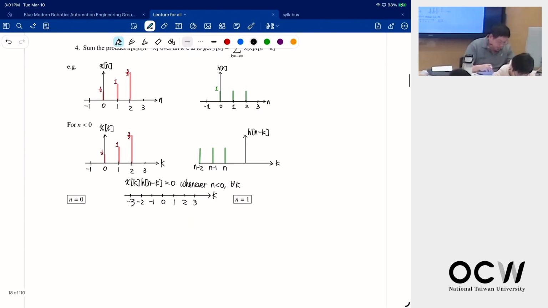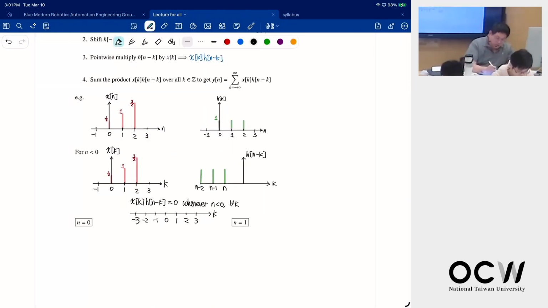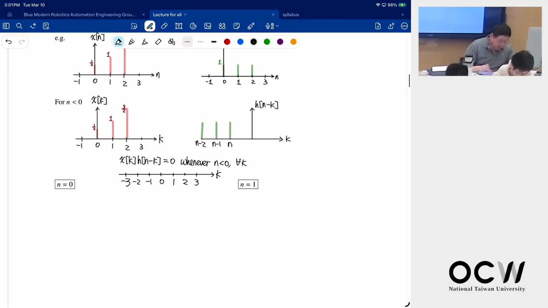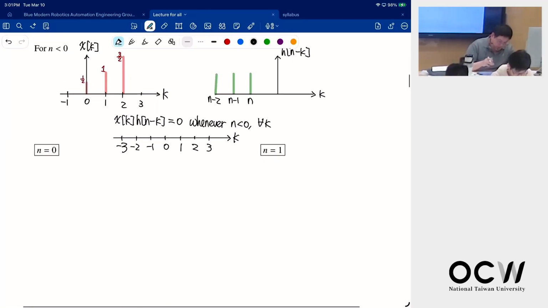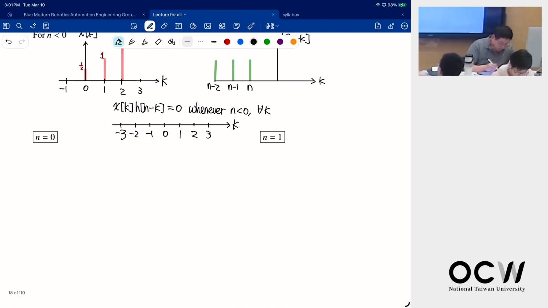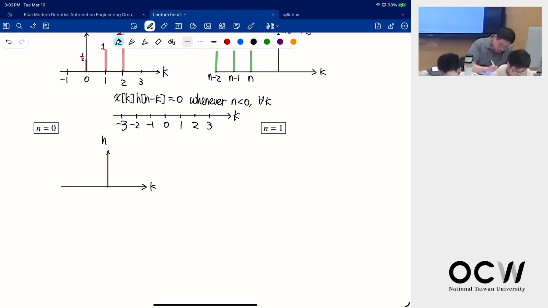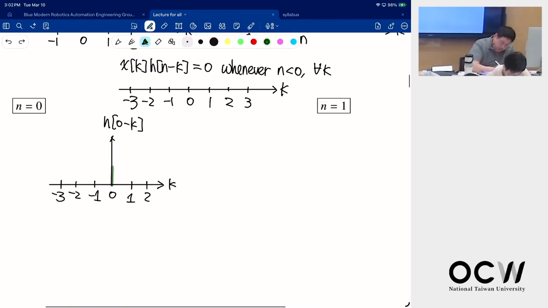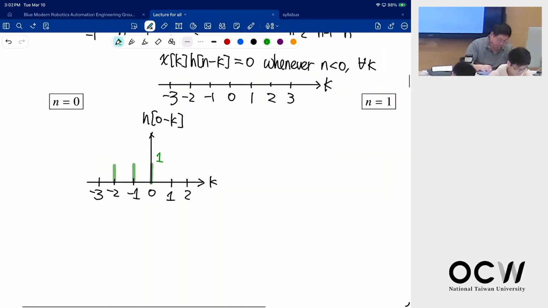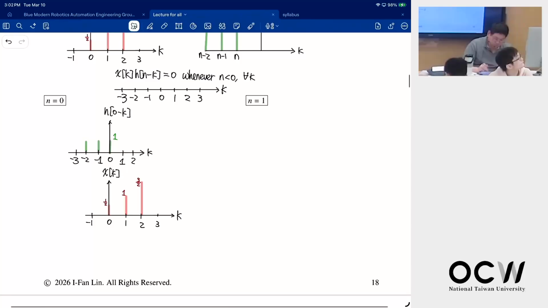So first, let's see when n equals 0. When n is 0, let's see the k and the h. Here, I want to plot h of 0 minus k. So 0 minus k, 1, 2, 0, minus 1, minus 2, minus 3. I have 1, 1, and then x of k.